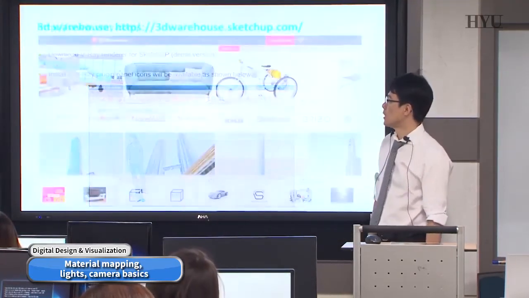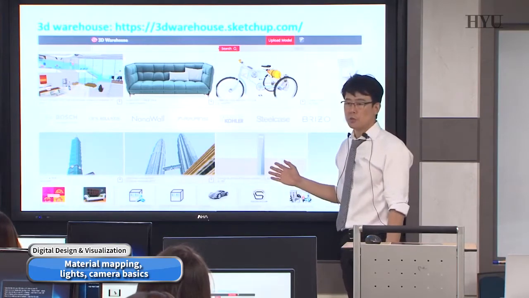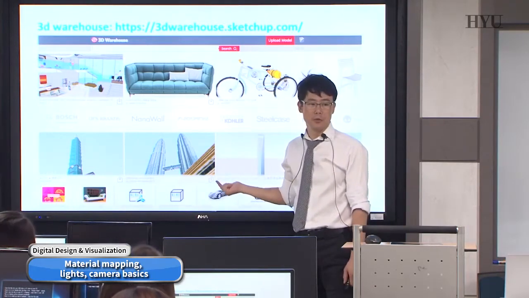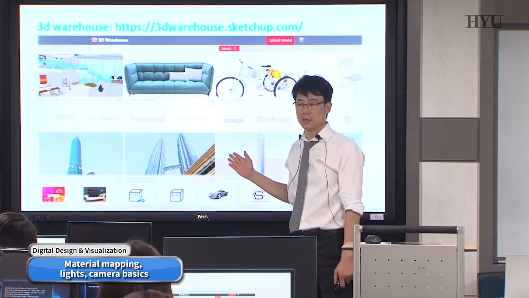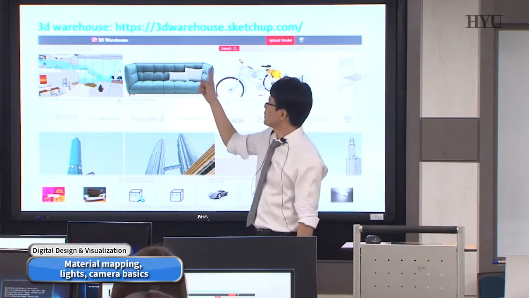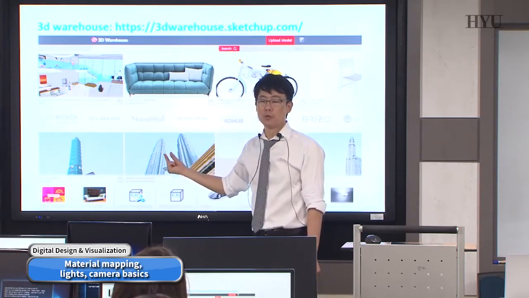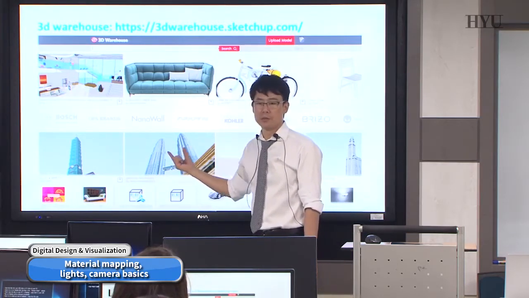SketchUp interface. 3D Warehouse, especially for SketchUp, is still available and still useful for you. This is today's lab exercise number 5. You can download this couch from Warehouse, a lower version, an older version of SketchUp, SketchUp 8 or something like that.